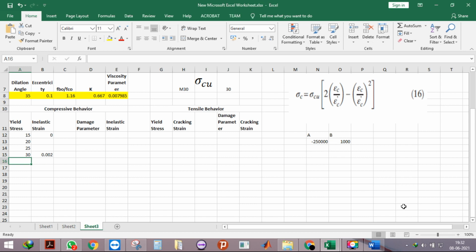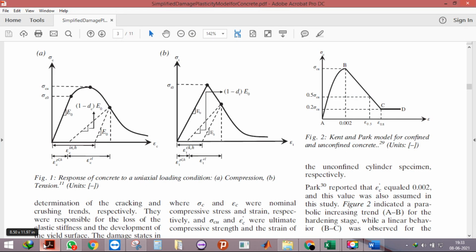After the yield point, after the ultimate point, the stress-strain curve will show a different behavior.